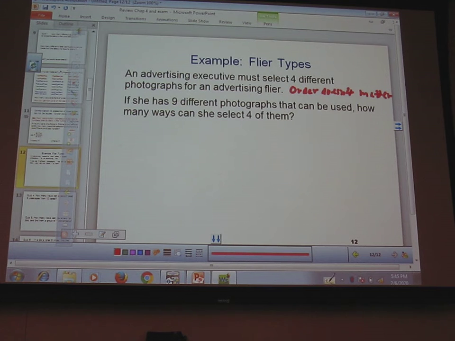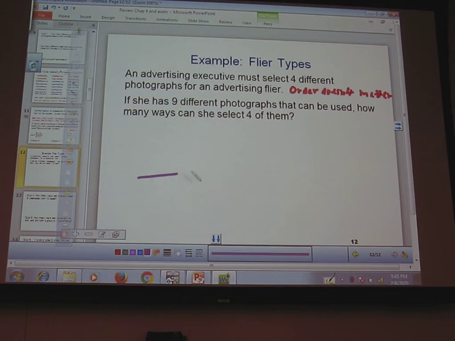So you're an ad executive. You're picking 4 photographs for this flyer. Order doesn't matter. They're just going to go into the flyer. You have 9 to choose from. So this is the unusual one. It's chaos. Order doesn't matter. They're all moving around in there. Is everyone with that part? So how many things am I selecting? 4.